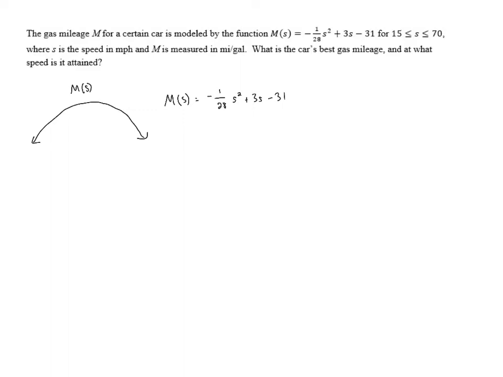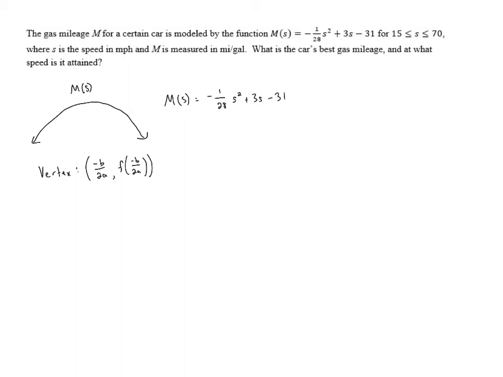So instead, we're going to use the formula that we learned this lesson for the vertex. Remember, the x value comes from the opposite of b over 2a. Then to find the y value, which is going to give us our maximum function value, we just plug the opposite of b over 2a into our function and figure out what the value is. So let's do this now.